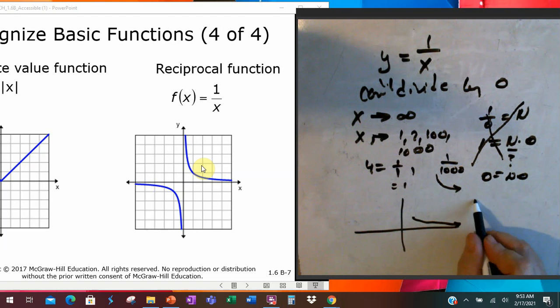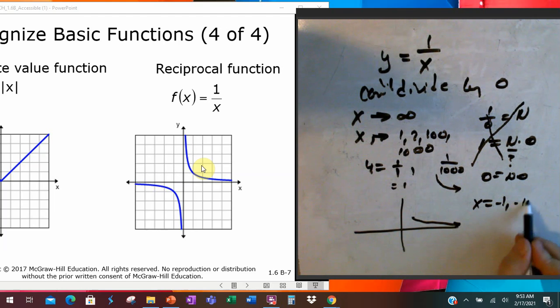How about if I do x is equal to -1, I'm going to start at that one again, -100, -1,000, and then my y is just going to be 1 over -1, which is -1, 1 over -100, 1 over -1,000.